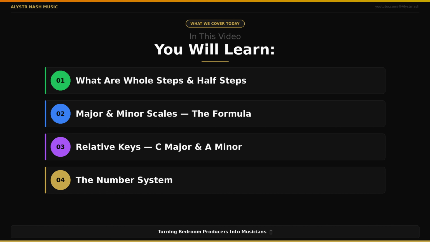From C will be C sharp, okay? Half step up from C sharp, or you can say C sharp or D flat, will be D. Half step up from D will be D sharp or E flat. Half step up from that will be E, okay?